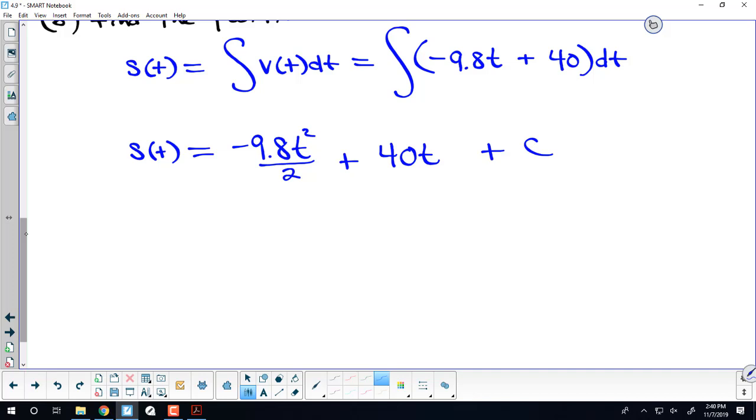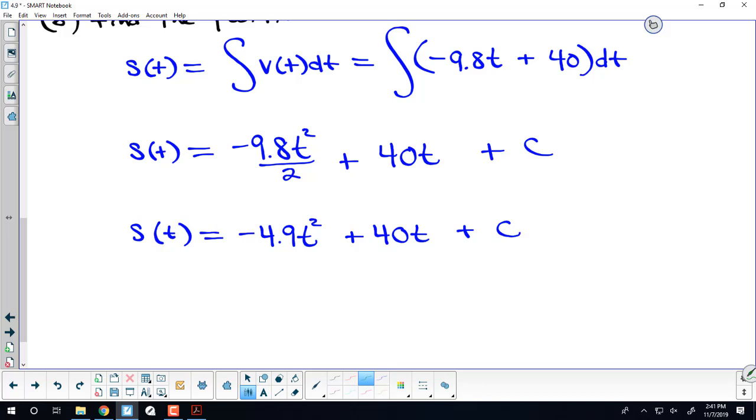Yeah, that'll be a different constant in general. Sometimes they might be the same. We'll divide here, so we have negative 4.9 t squared plus 40t plus c as the position function.